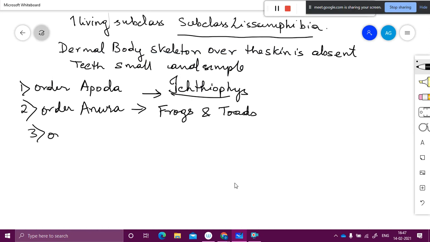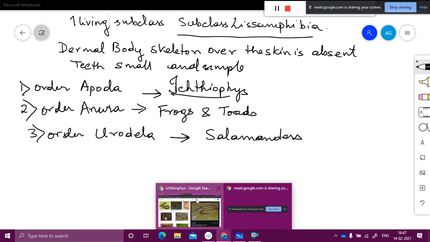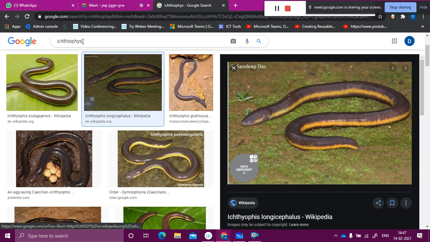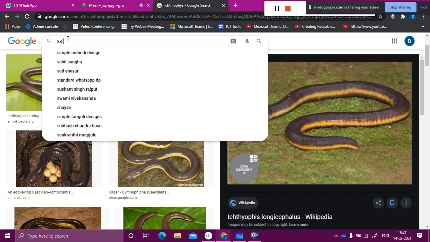And the third is order Urodela. They are the salamanders. Let's have a look at how a salamander looks. They have a tail.